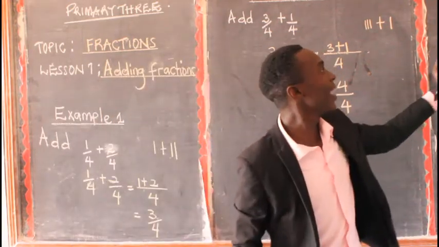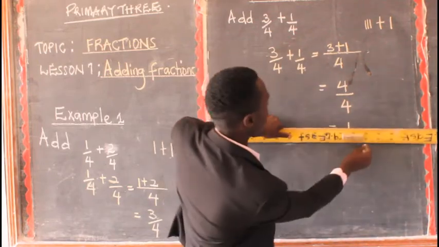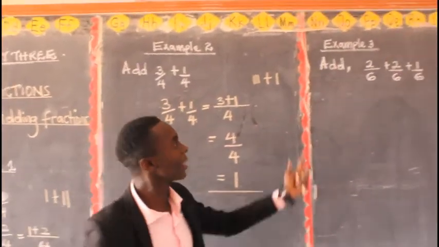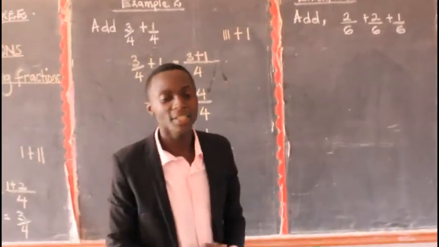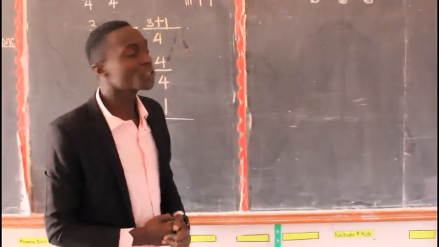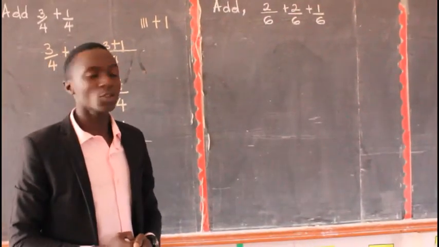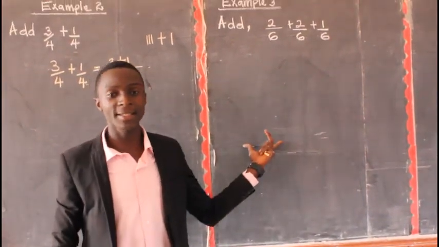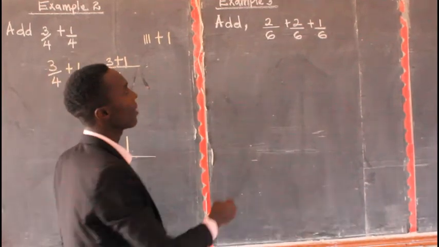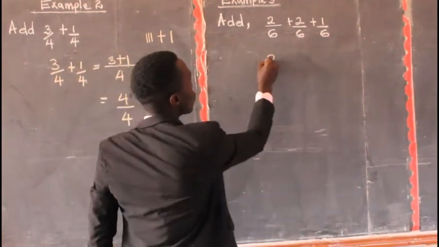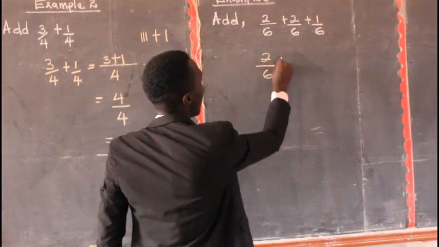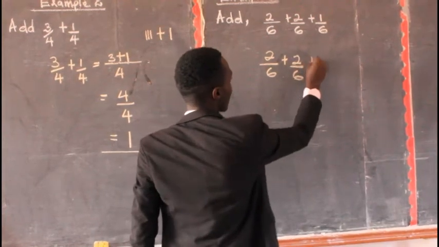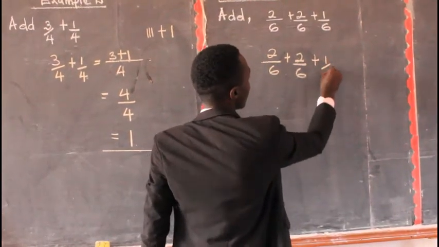Let us look at our example 3. Example 3 is telling us to add 2 out of 6 plus 2 out of 6 plus 1 out of 6. So let us start solving this number. We say 2 out of 6 plus 2 out of 6 plus 1 out of 6.